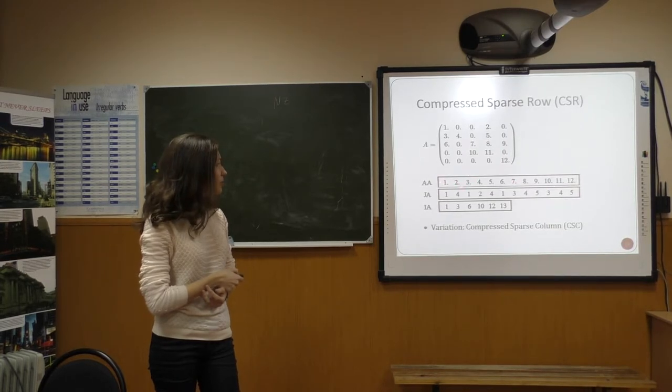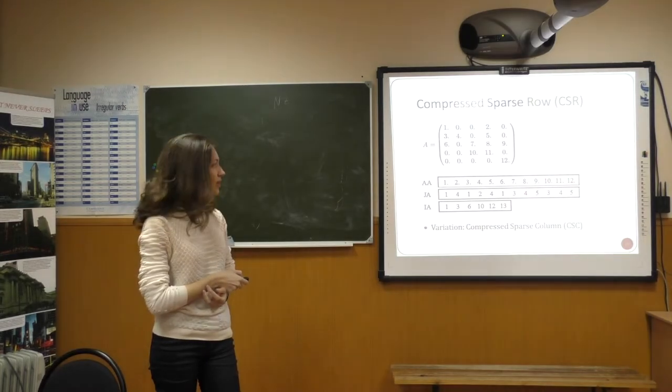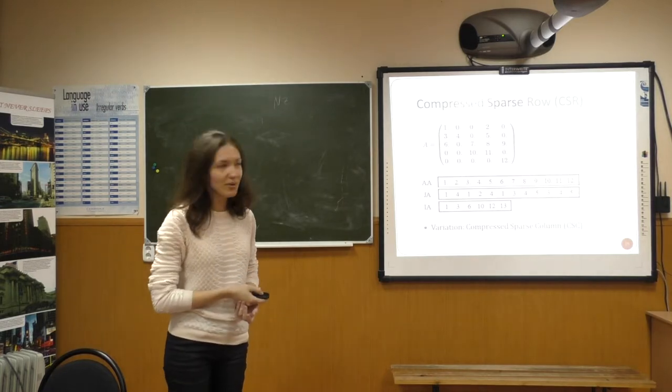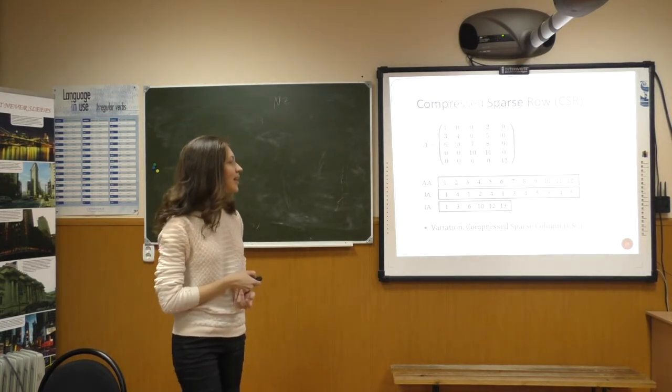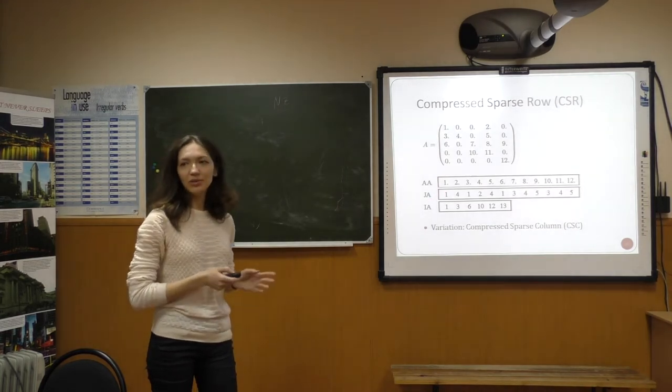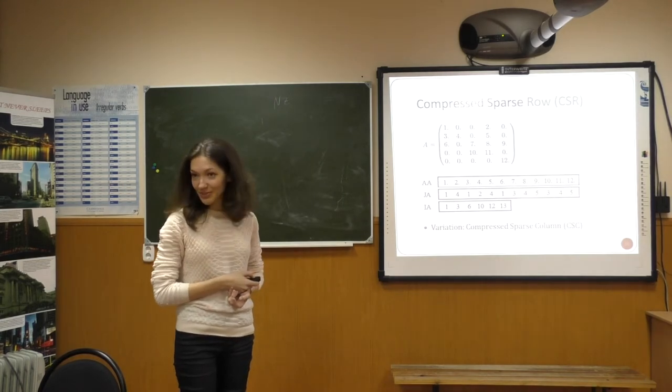The first row, then the second row, the third row which has 4 elements, the fourth row which has 2 elements, and the last row, the fifth row, has one element only. In JA array, we store the numbers of columns.